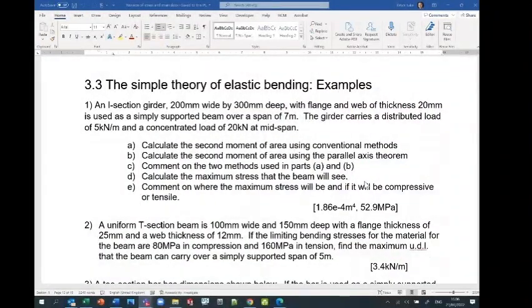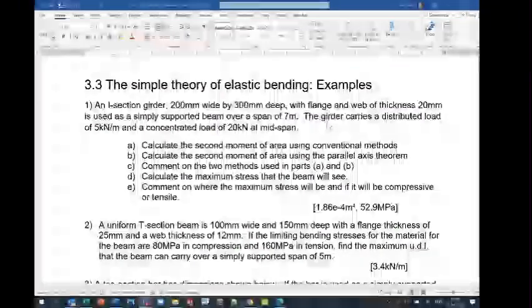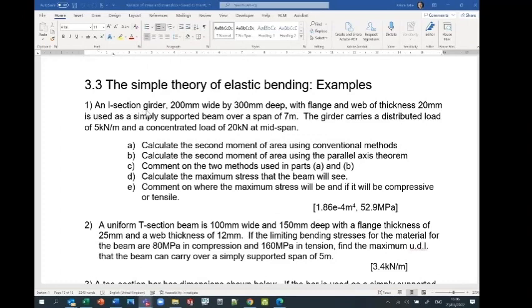So let's have a look at some examples using the simple theory of elastic bending. Example number 1. An I-section girder 200 millimeters wide by 300 millimeters deep with a flange and web thickness of 20 millimeters is used as a simply supported beam over a span of 7 meters. The girder carries a distributed load of 5 kilonewtons per meter and a concentrated load of 20 kilonewtons at the midspan.